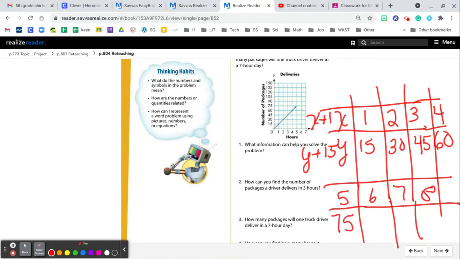In 6 hours, plus 15, that would be 90. In 7 hours, plus 15, that's 105. And in 8 hours, we'll have 120. So it would be 8 hours. You could either continue drawing the graph or plot out the data in a data table to help you solve that problem. That's it.